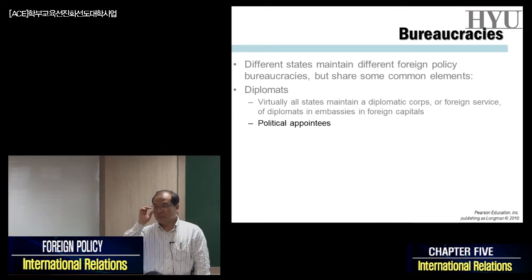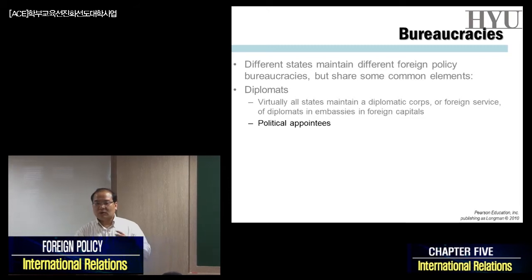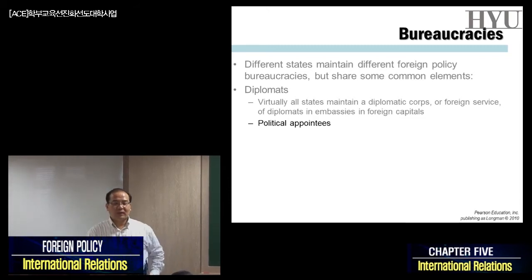Then usually what you care about in this bureaucratic model or organizational model is the interagency conflict or rivalry. Interagency conflict or rivalry has a huge impact on foreign policy outcomes.